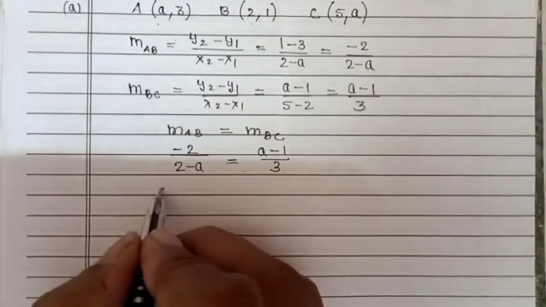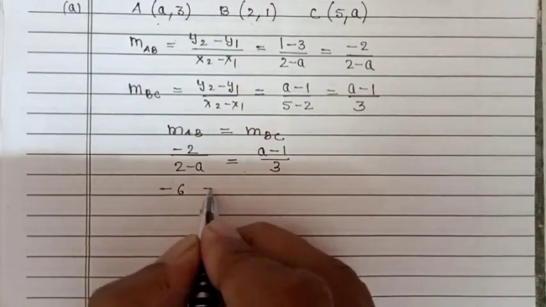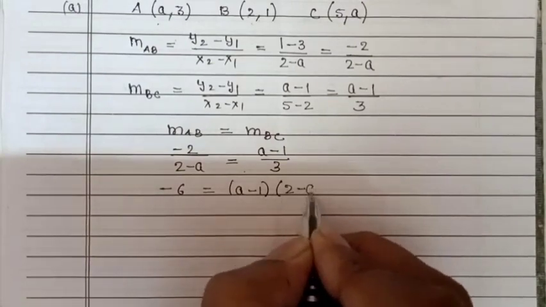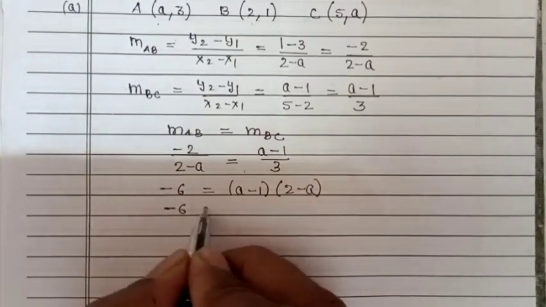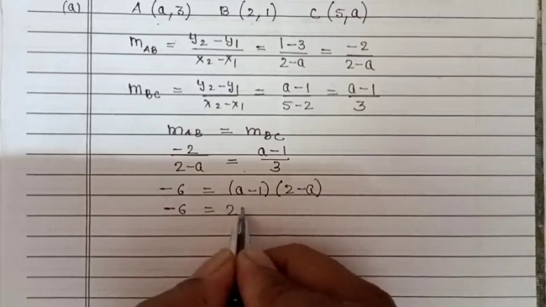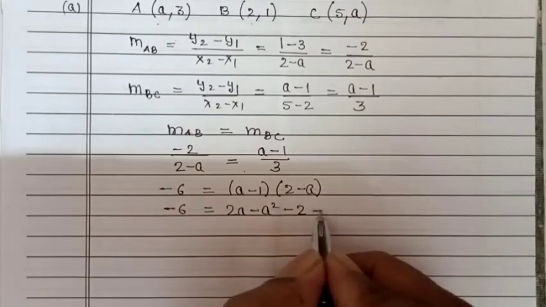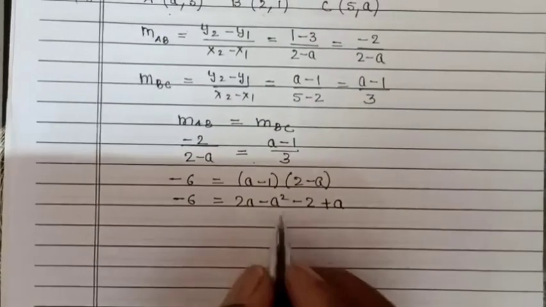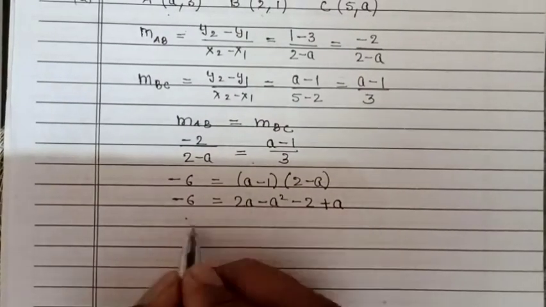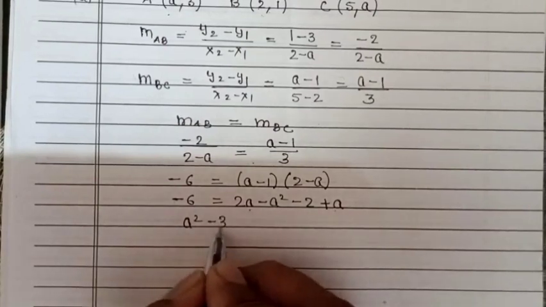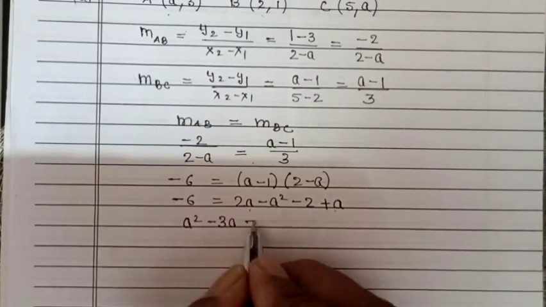If you cross multiply, it's minus 6 is equal to a minus 1 into 2 minus a. So this will give you 2a minus a square minus 2 plus a. So this will give you a square, minus 3a and minus 4.